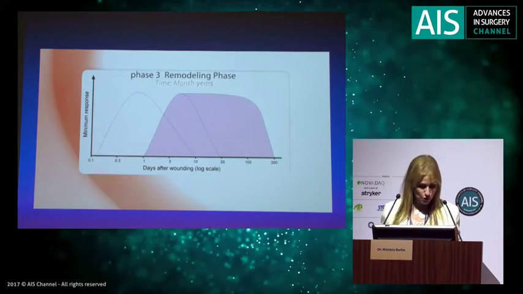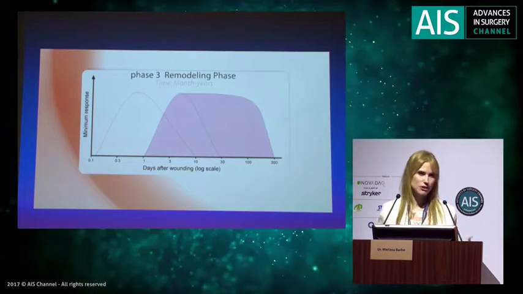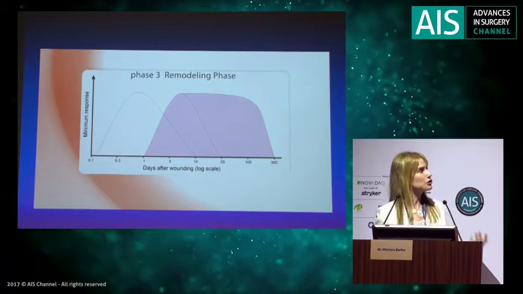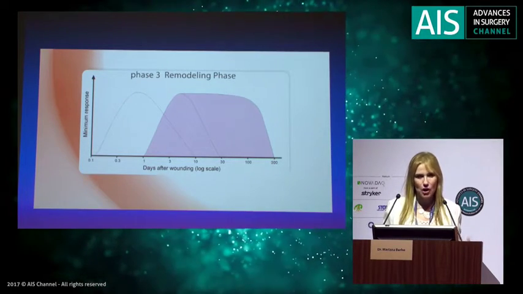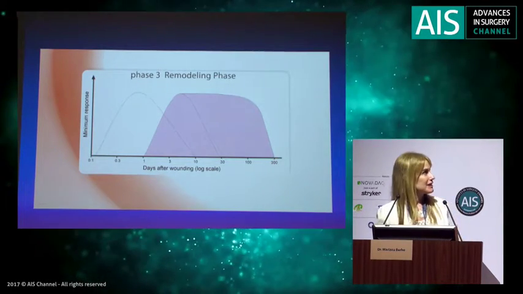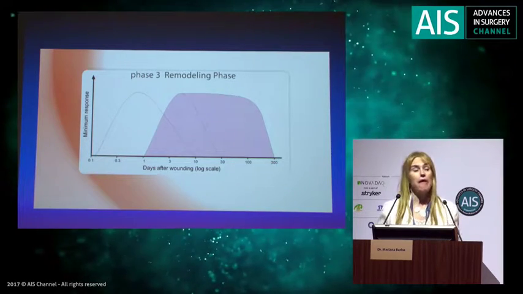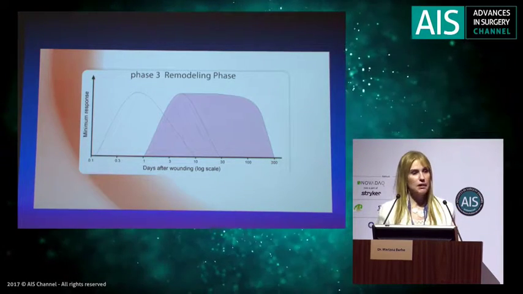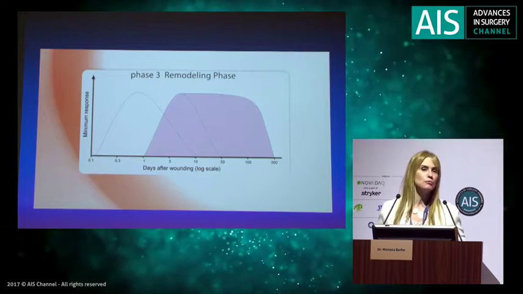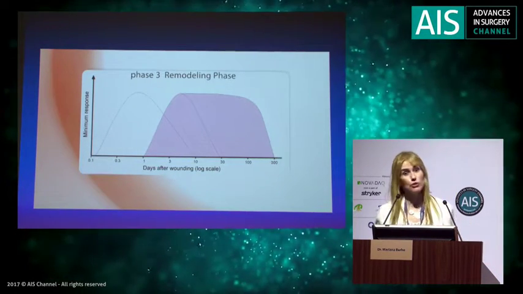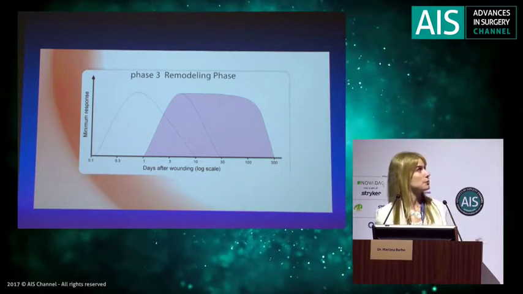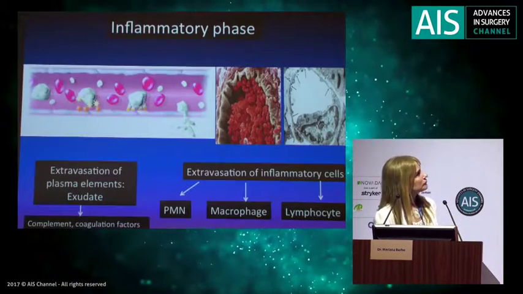Remember, I told you in the skin this is not such a big deal, because if we have too much collagen or other matrix proteins, we're going to have a scar that doesn't look good, but it doesn't have the functional outcome that we get in a colon with too much fibrosis, because that is going to give us stenosis, or it's going to give adhesions and all the problems related to that.